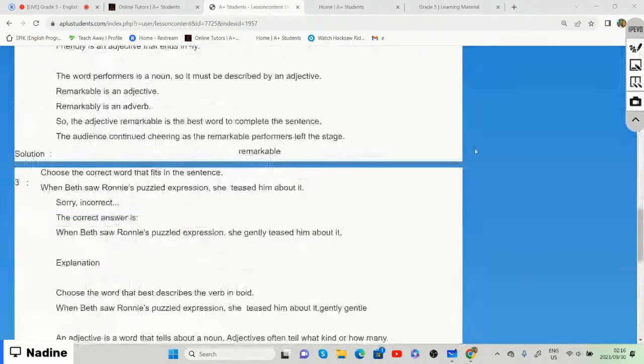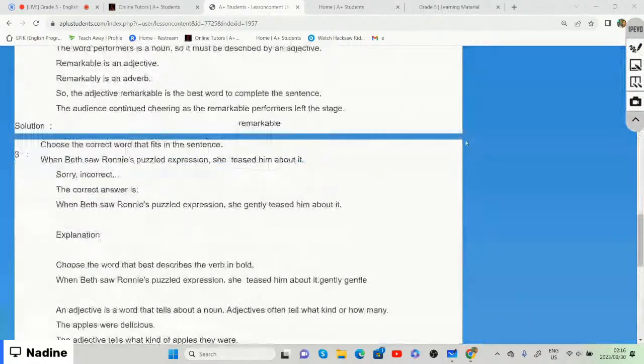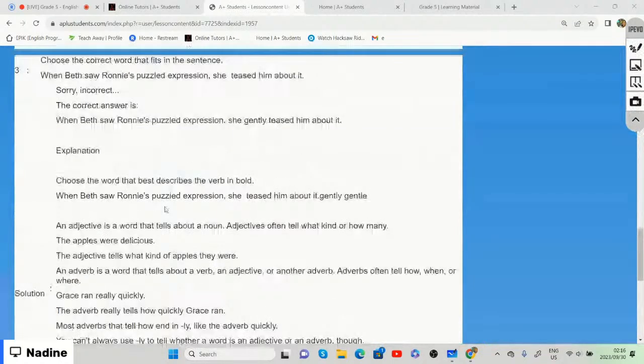When Beth saw Ronnie's puzzled expression, she teased him about it. So we now need to choose the word that best describes the verb.